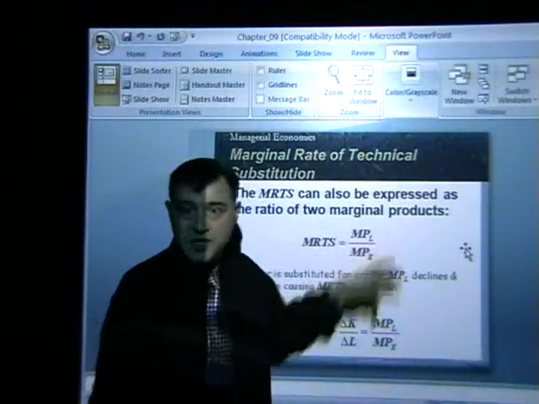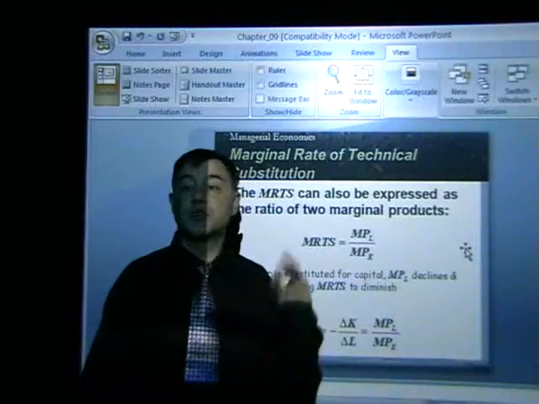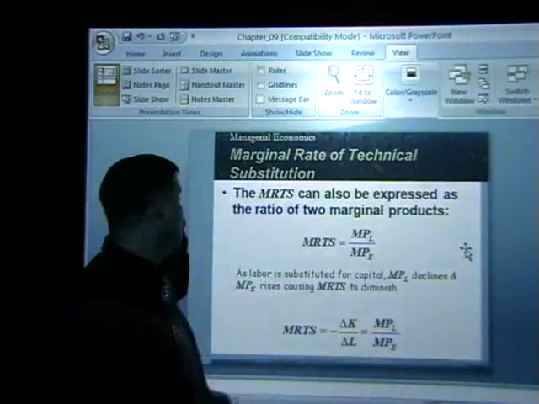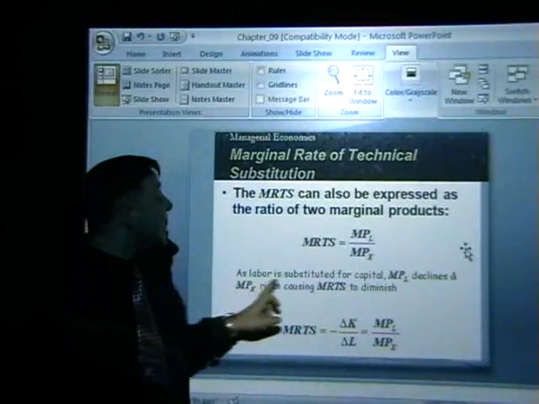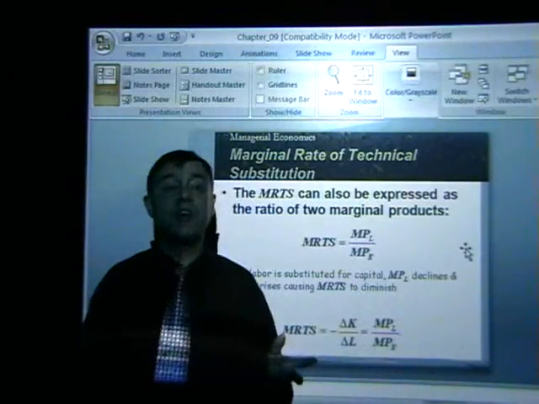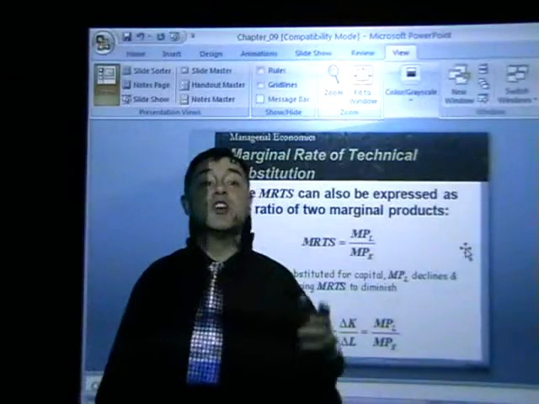It turns out that the marginal rate of technical substitution, the ratio, is simply 2. Simple as that. Alright, so as labor is substituted for capital, marginal product of labor declines and marginal product of capital rises.